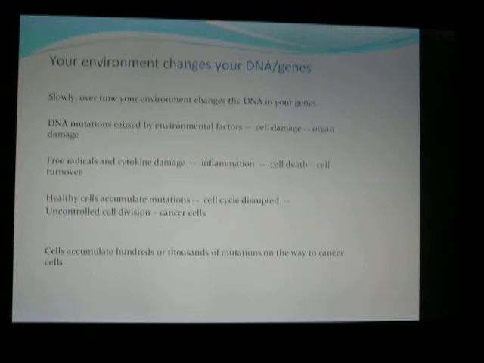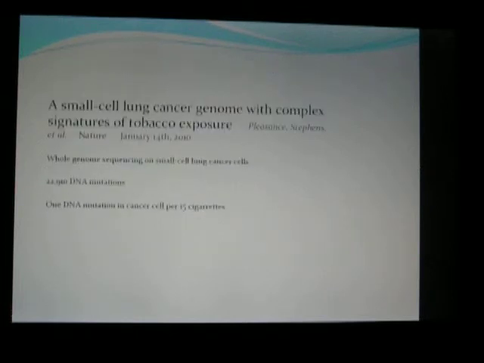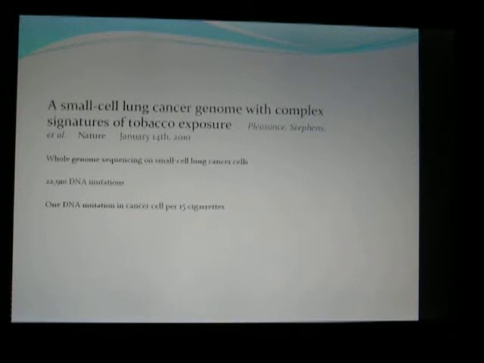So here are just a few of the ways that this can happen. One example, this was in a paper in Nature on January 14th, 2010, a small cell lung cancer genome with complex signatures of tobacco exposure. Here they did sequencing on a patient who died with lung cancer.